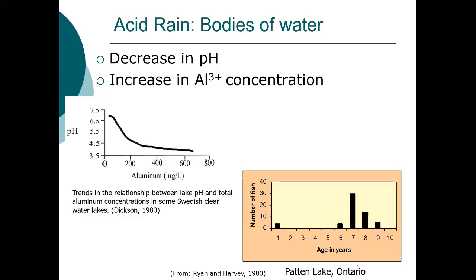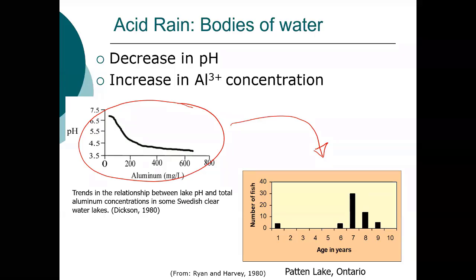They observed this decrease in pH in the bodies of water, observed an increase in the aluminum concentration, as you can see here, and that resulted in a significant decrease in the fish population.